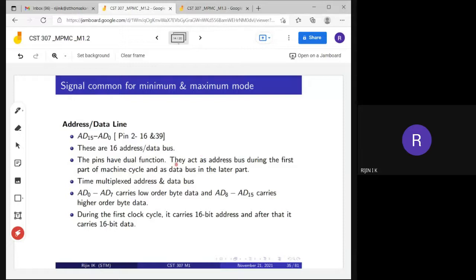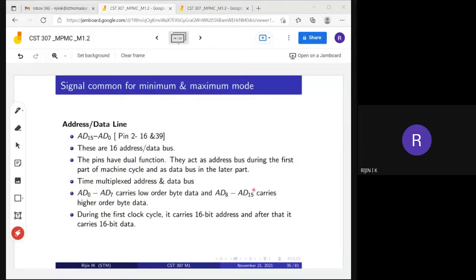They act as an address bus during the first part of the machine cycle, and as a data bus during the later parts. That is why we call them time multiplexed address and data lines.